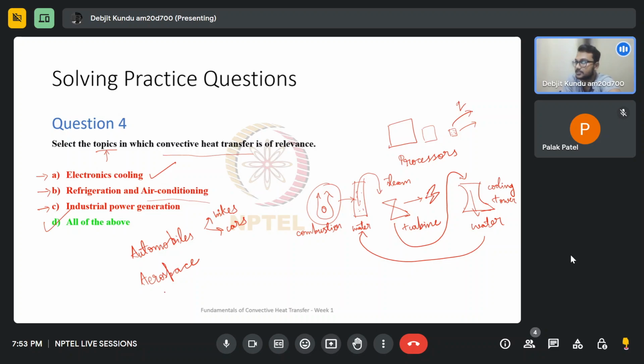Then simple biological applications, in biological systems. So let's say we are biological systems, right? Any living being is. So we have our own heat regulation system.